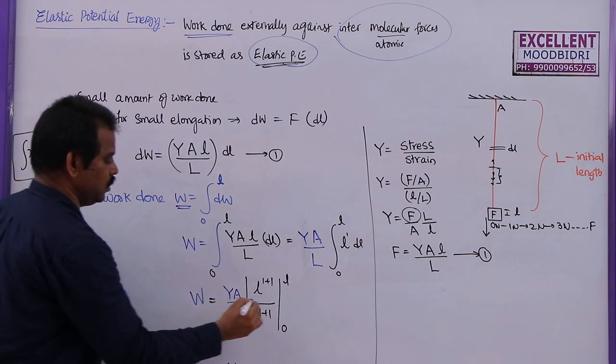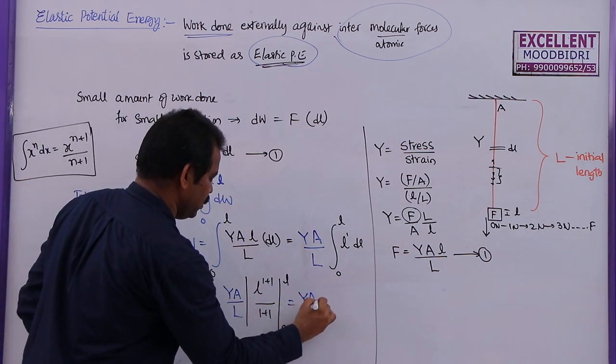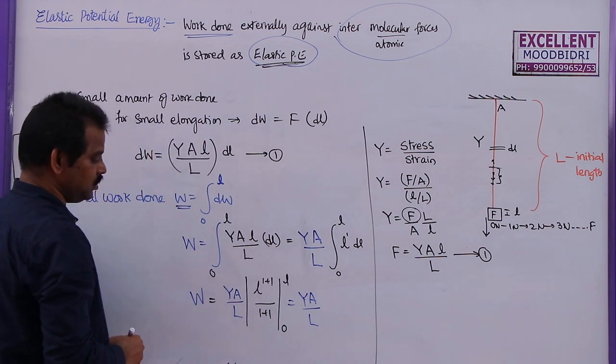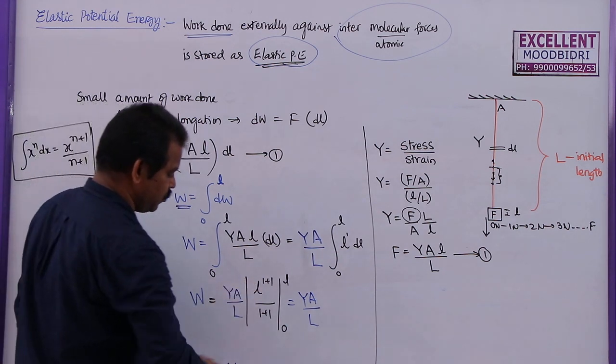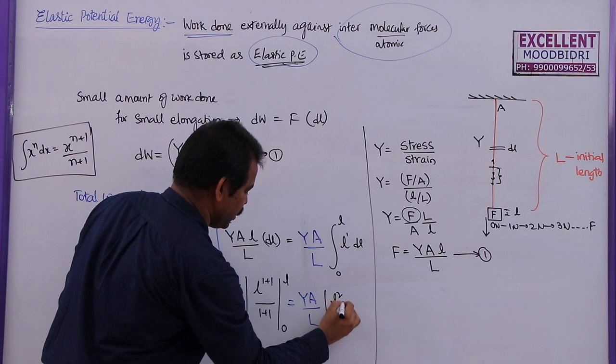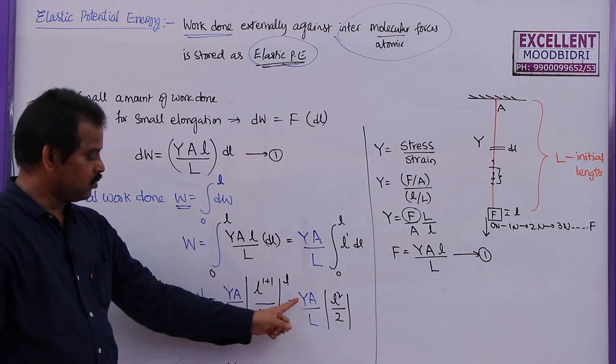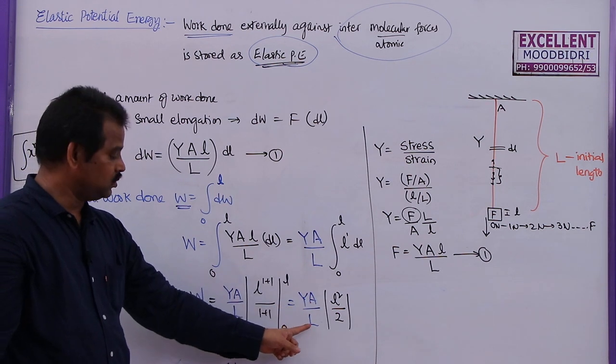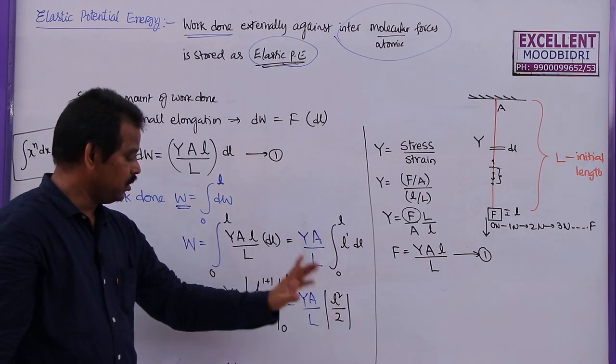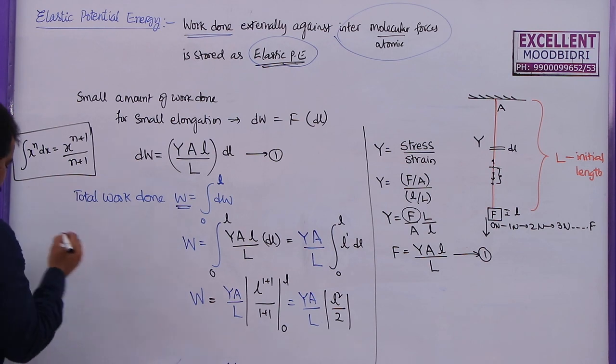This is the total work done, which is given by YA by L into L square by 2. So the total work done is Young's modulus into area of cross section by original length into L square by 2. Now this can also be simplified.